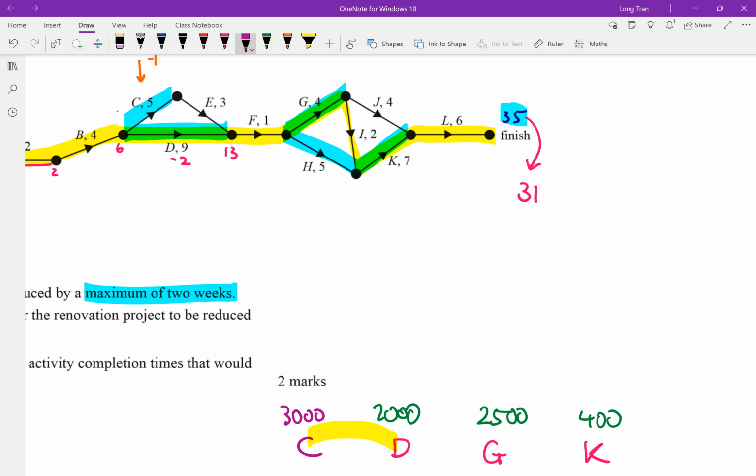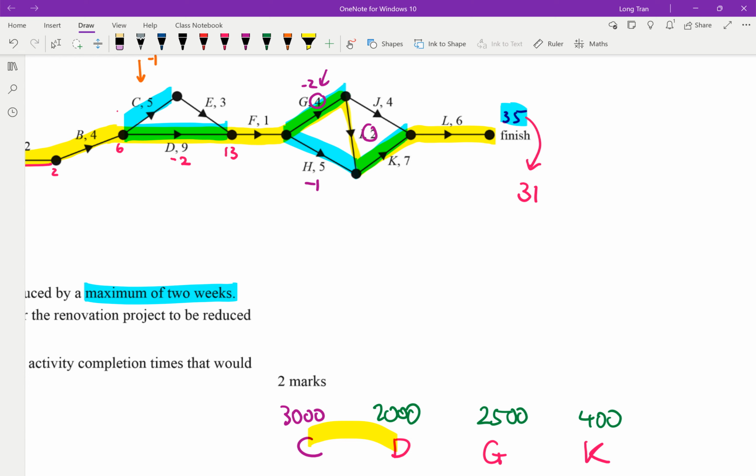If I subtract this by 2, that was the other one. What we can see is 4 plus the 2 gives me 6 to get here, but this is 5. So it looks like if I subtract G by 2, it would ultimately mean I have to subtract H by 1 to even it out, right?